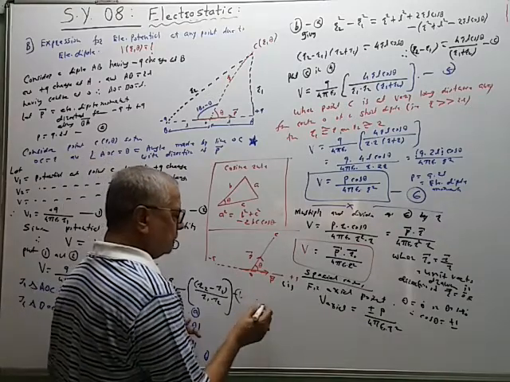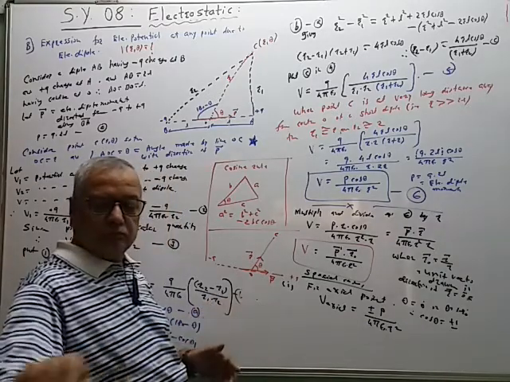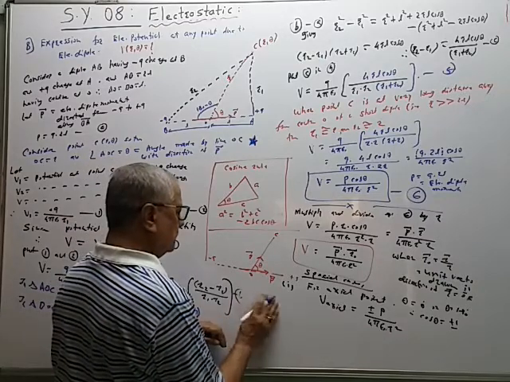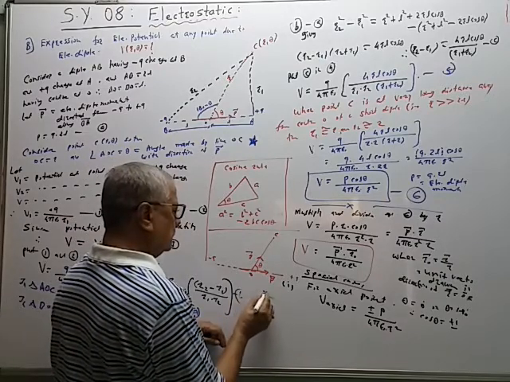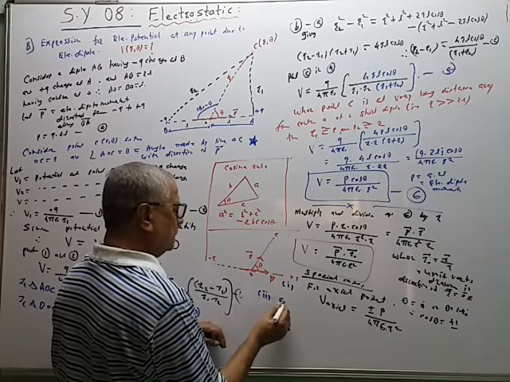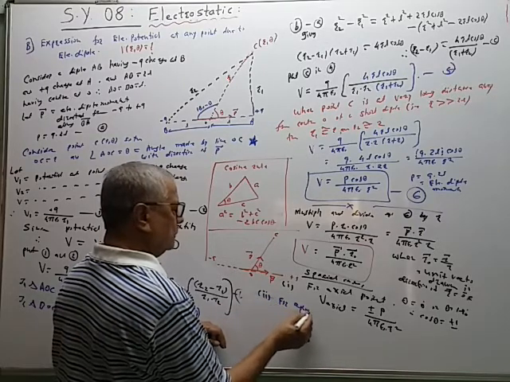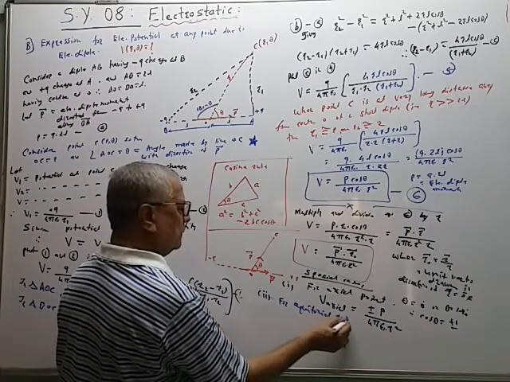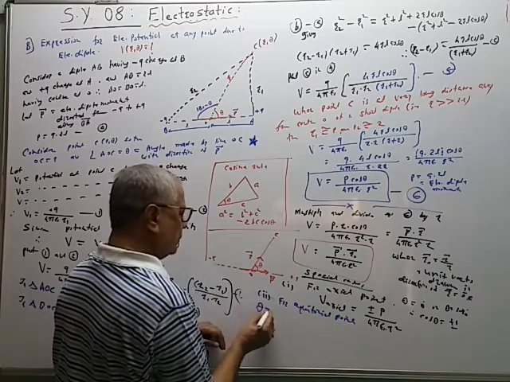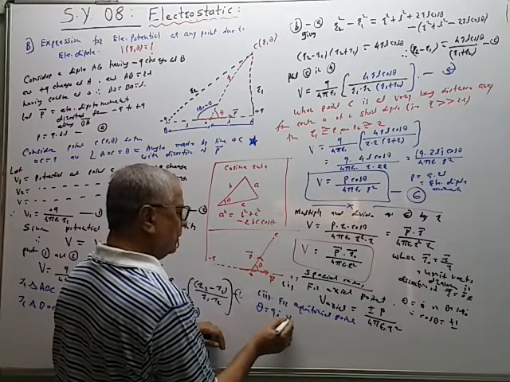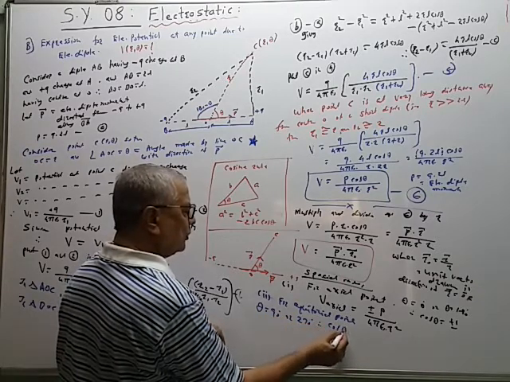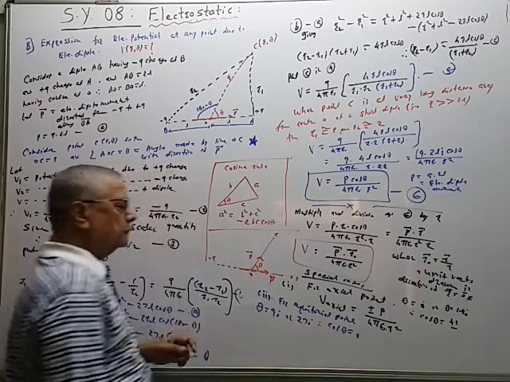Second case, equatorial point. For equatorial point, theta is equal to either 90 degree or 270 degree. For both the values, cos of theta is equal to 0.